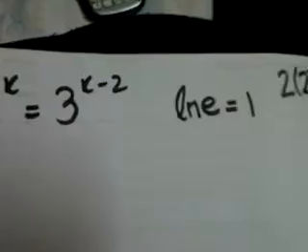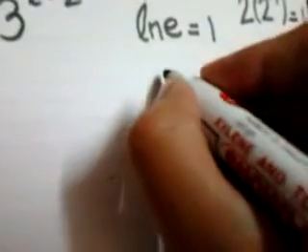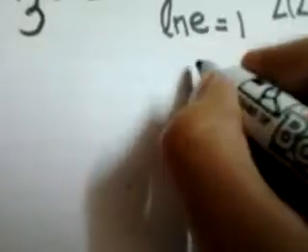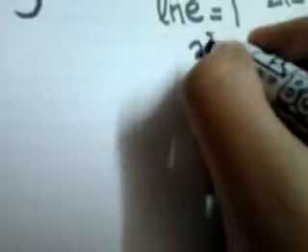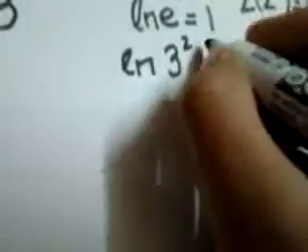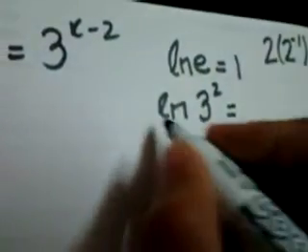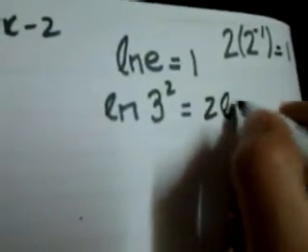Now there's something else you have to keep in mind as well. If there's any number, let's say 3 to the power 2, 3 squared, what is ln of 3 squared going to be? No, don't type this out in your calculator. Another form of writing this is 2 ln 3.